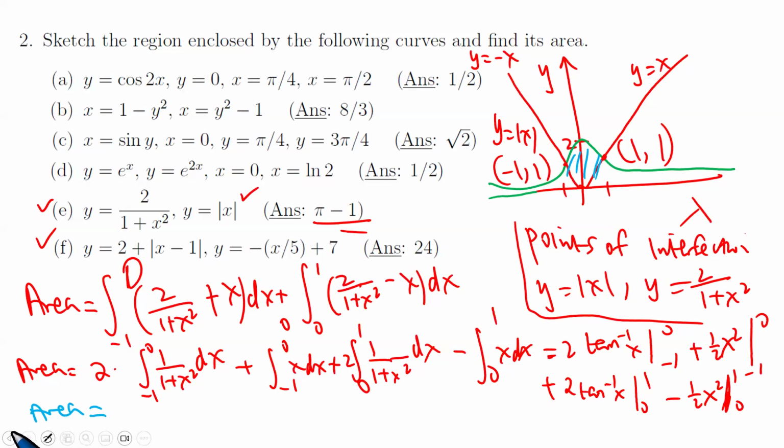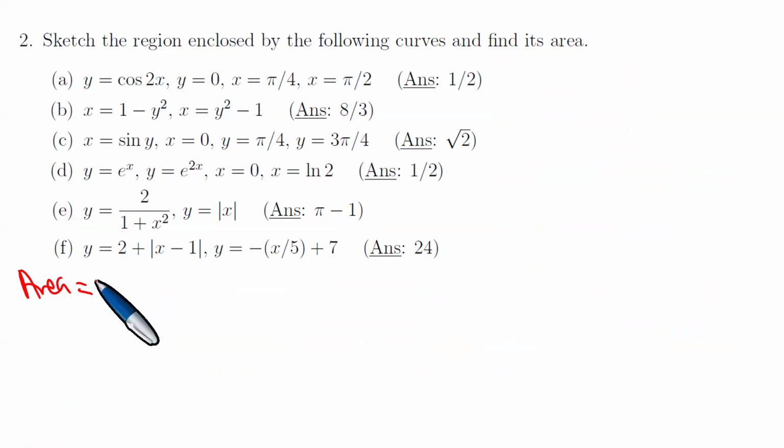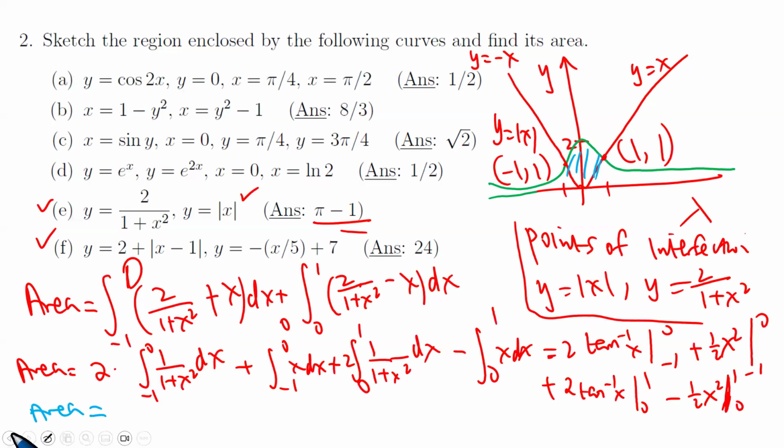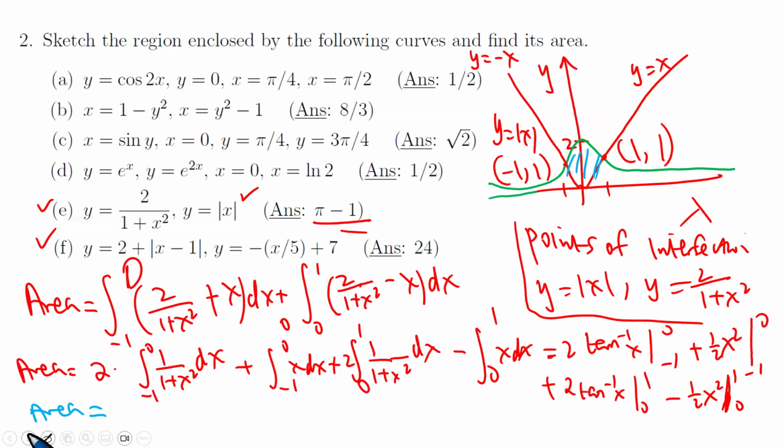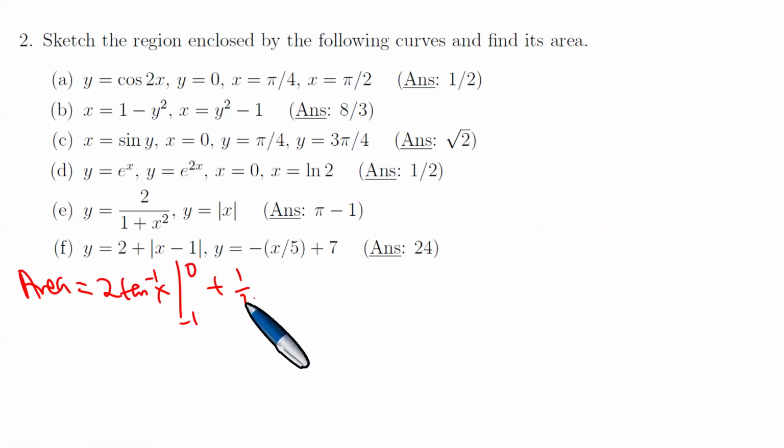Area: so you have 2 arctan x from minus 1 to 0, and then we have 1/2 x squared from minus 1 to 0.